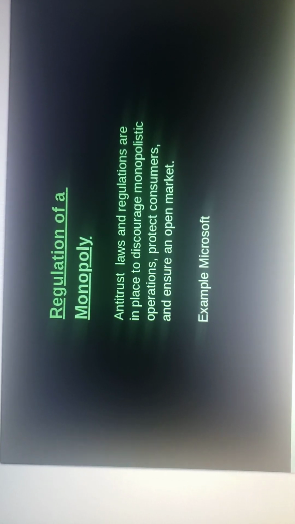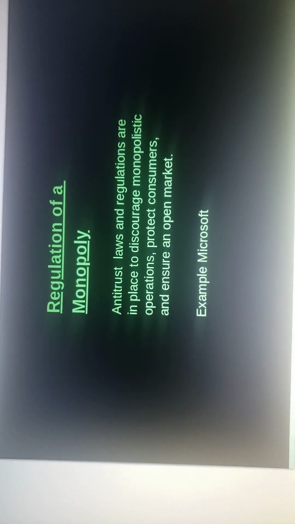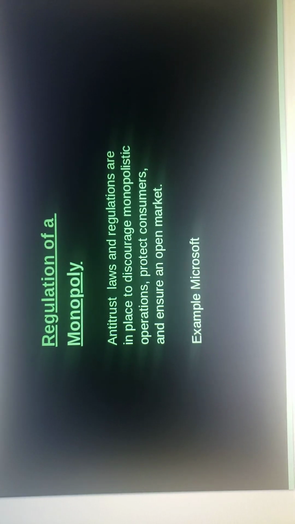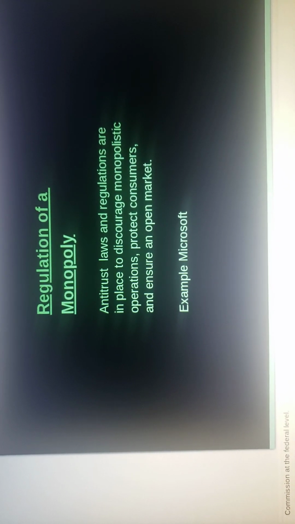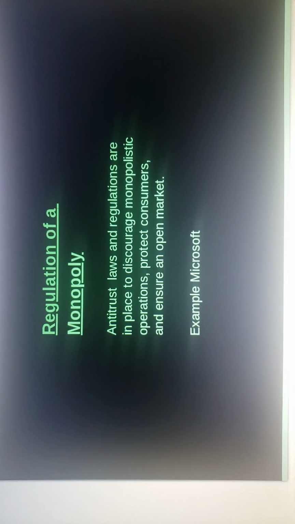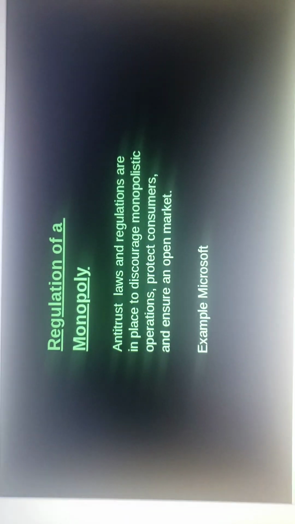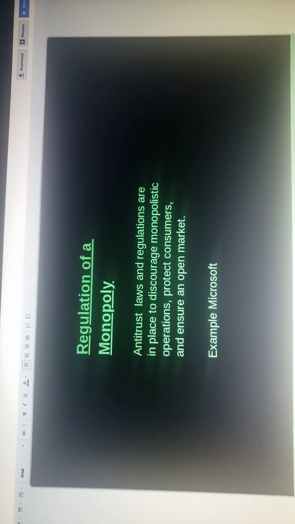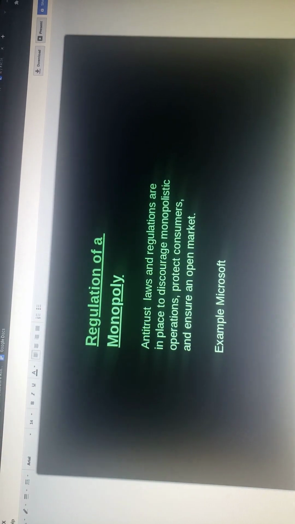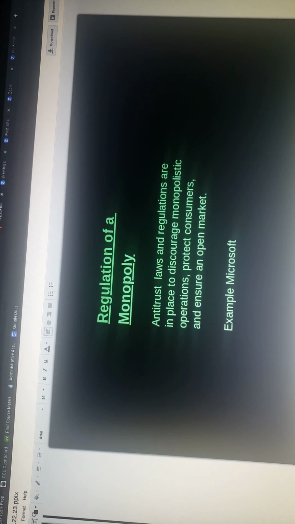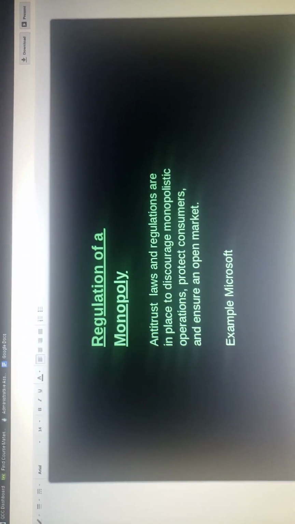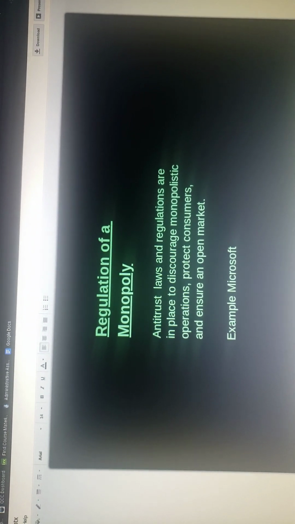In 1998, the federal court ruled that Microsoft should be broken up into two technological companies, but the decision was later reversed on appeal by a higher court. Microsoft was free to maintain its operating systems, application development, and marketing methods. So Microsoft basically got off with that.